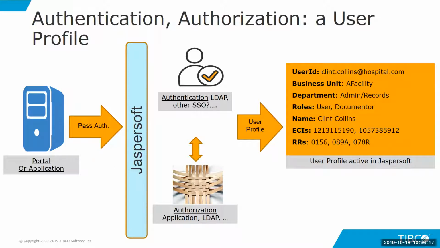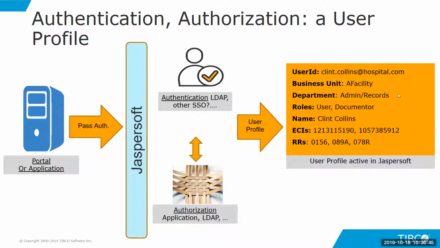You can identify the tenant. It could be the customer they're a part of, or the department they're a part of, or many different things. But how do you break up your user community, and how do you want to use that information to secure the information in Jaspersoft embedded in the app or portal?